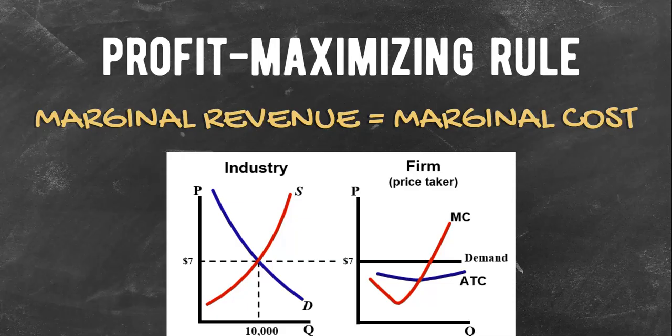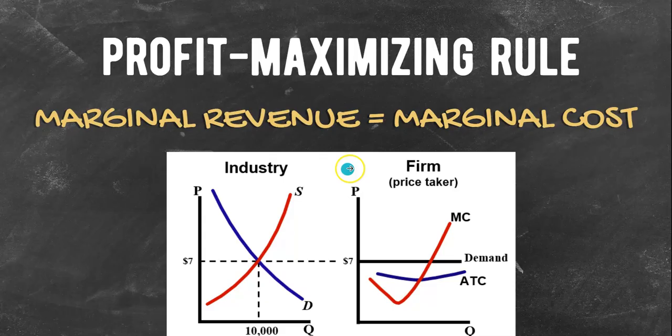If marginal revenue is greater than marginal cost, then the firm should produce more. However, if marginal cost is greater than marginal revenue, the firm should produce less. When MR equals MC, the firm is producing the perfect amount to maximize profit.